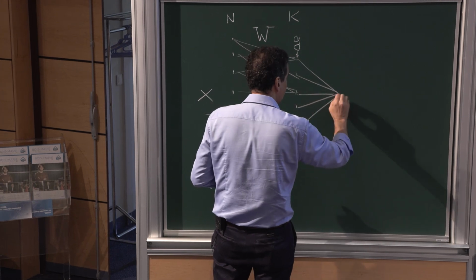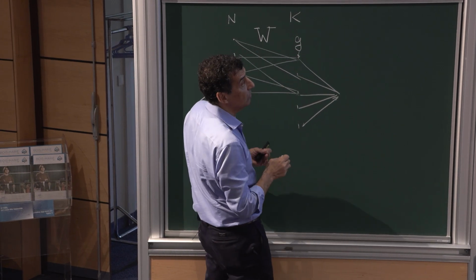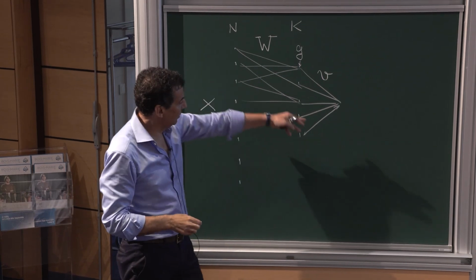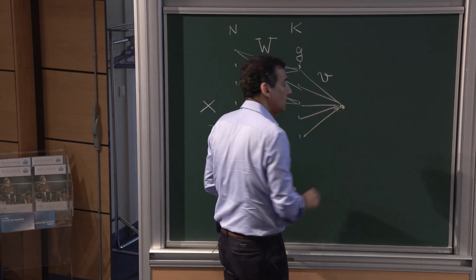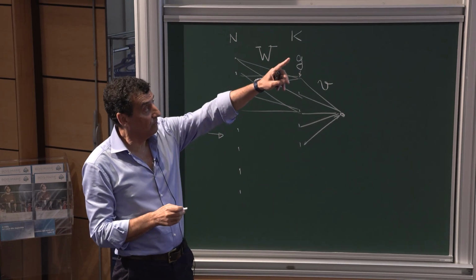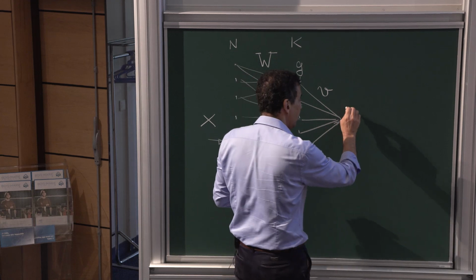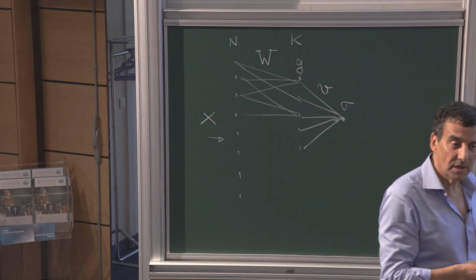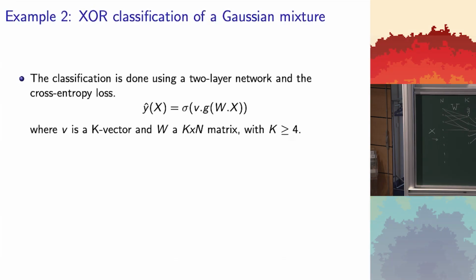Once you've done this, you have another thing which I called v, right? Because it's a vector, because it ends up with one node. So it's a k vector. This gives you v inner product with this thing, and then this gives you something, and here you apply sigma, which is another nonlinear function. Okay? So that's the best architecture you could do.